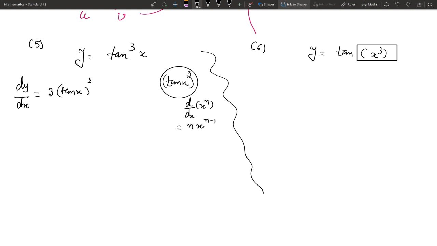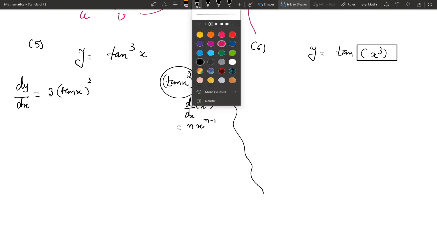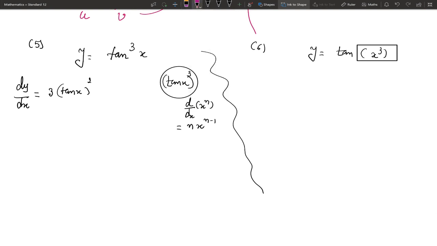So dy by dx is 3 tan x raised to 3 minus 1, tan square x. But inside, you observe, it is a function of x. So by chain rule we have to differentiate d by dx of tan x.